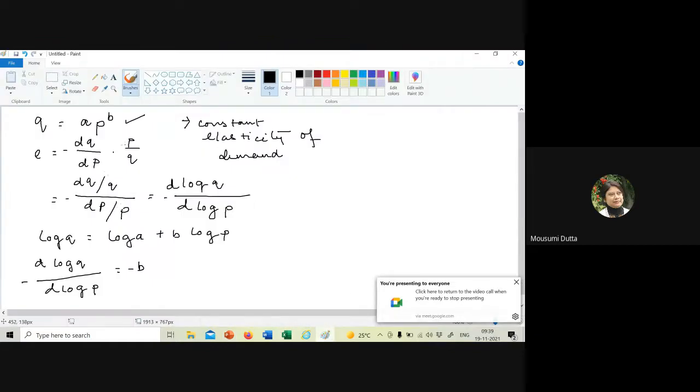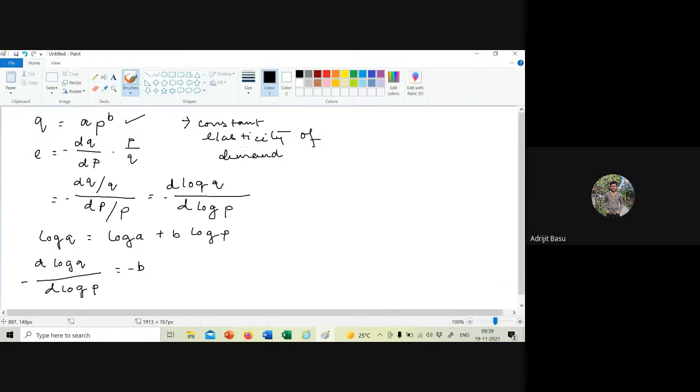Which part? Ma'am, equal to d of log Q by d of log P, that part. Sorry, ma'am, I misread it.